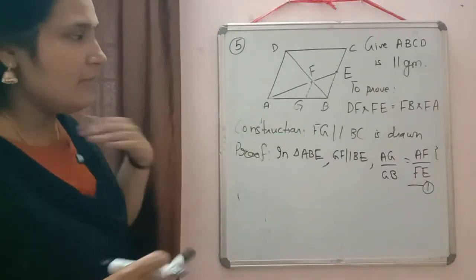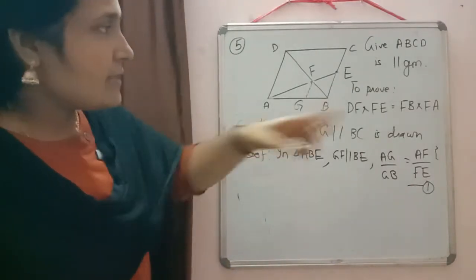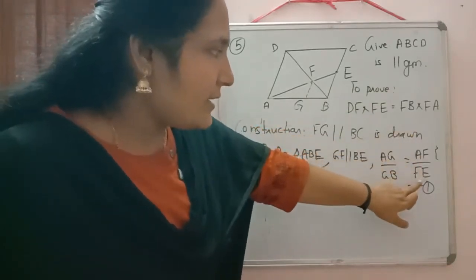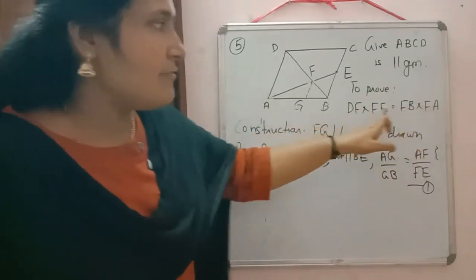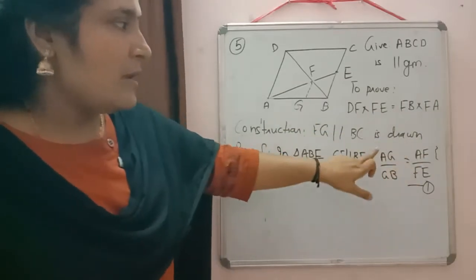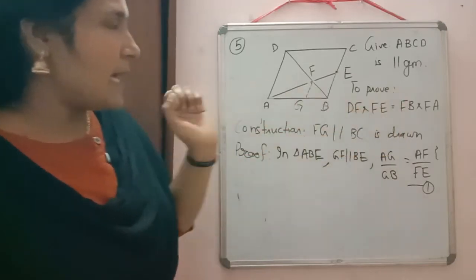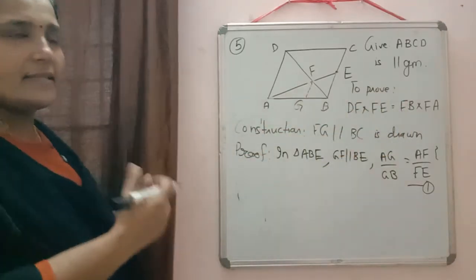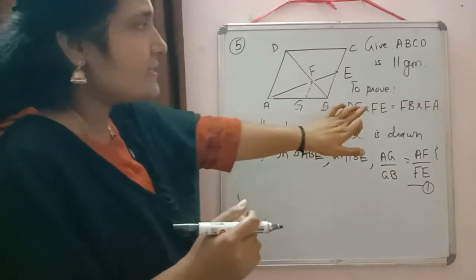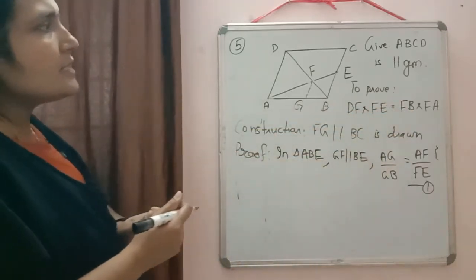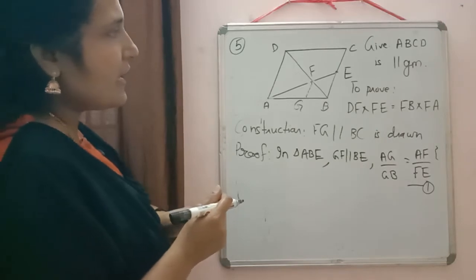So one triangle we have there. And check the proof also. In the proof, we need AF and FE, which we got here. Now AG and GB we don't want. We need FB and DF. So select the triangle in such a way that these sides come.